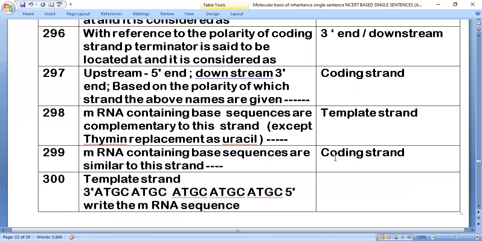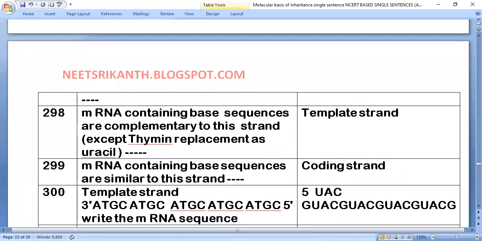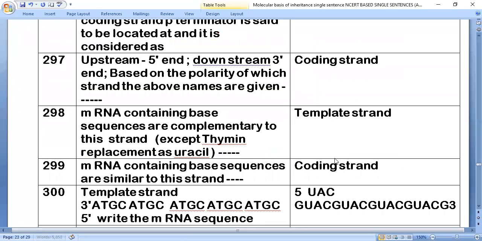Template strand: write the mRNA sequence for this. 5' UACG, that is at 3' end.